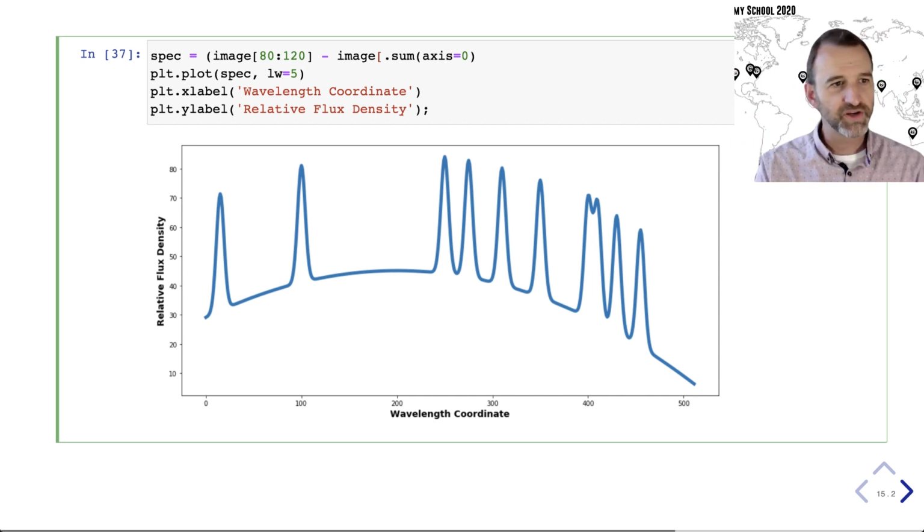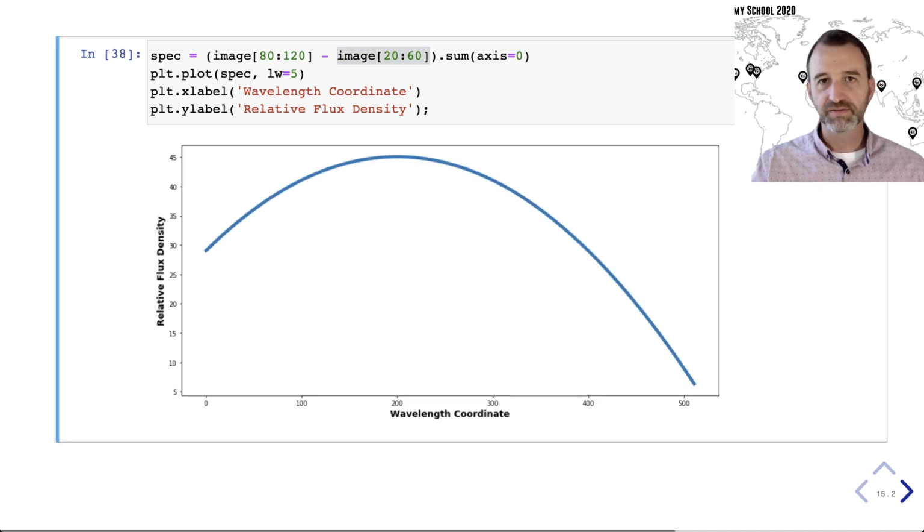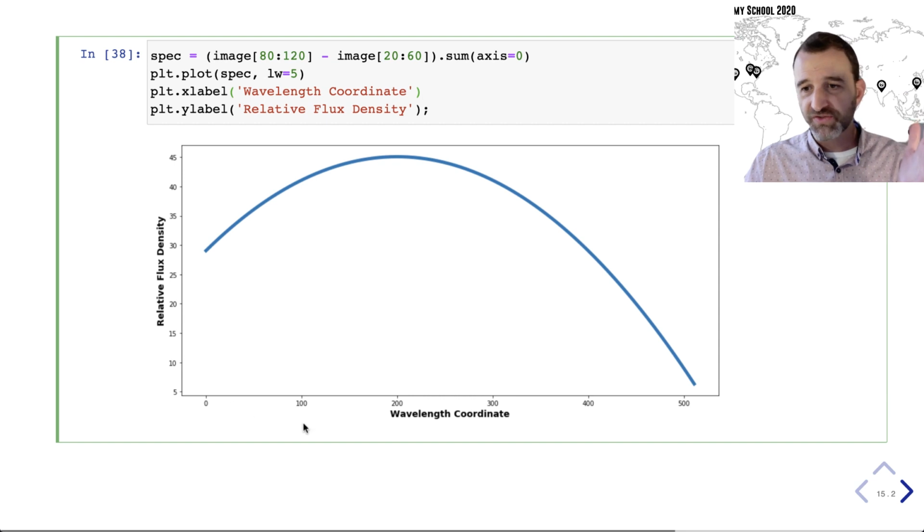We have 40 columns here, so we're going to go from maybe column 20 to 60, where we have no light. Sorry, row 20 to 60. Then we take the image where we have the target and the image where we have the background, subtract off the background, and we'll have just light from our target. This is very analogous to what you do for photometry. You always have to subtract the background light, but now we're doing this 512 times at once.